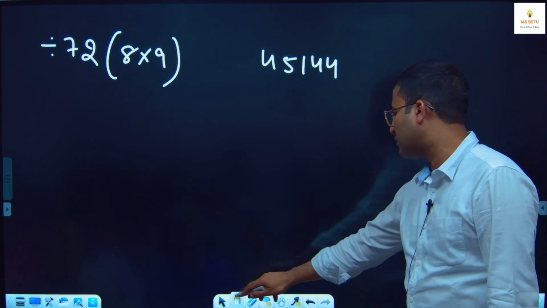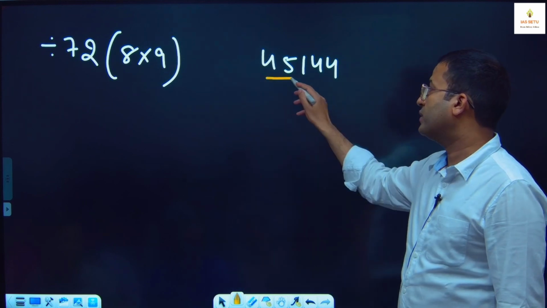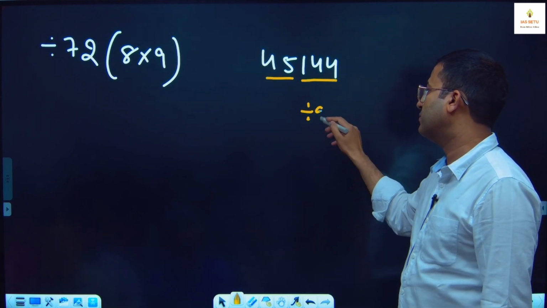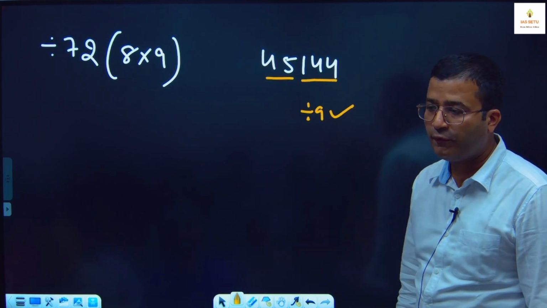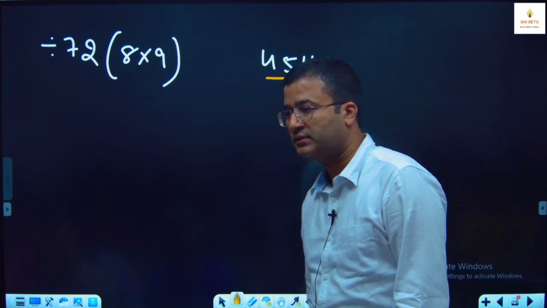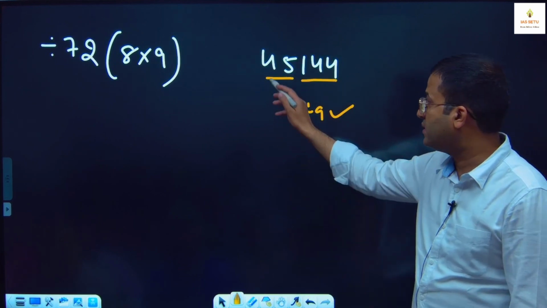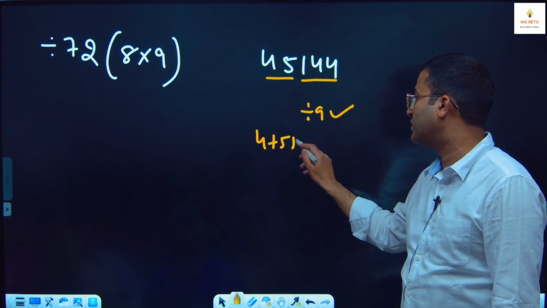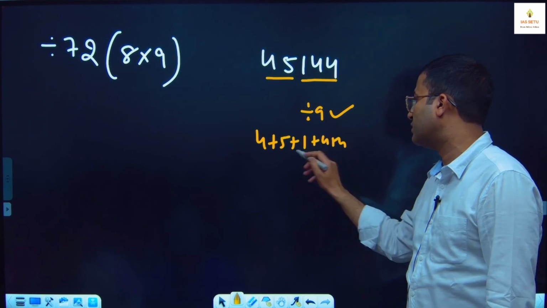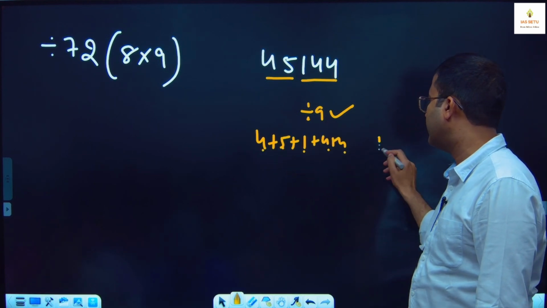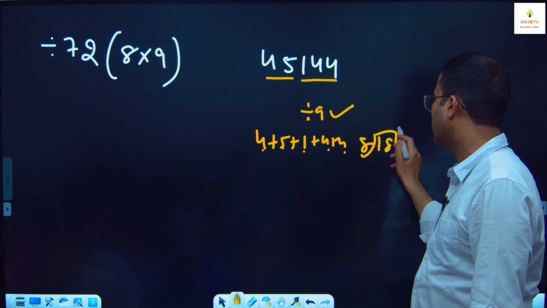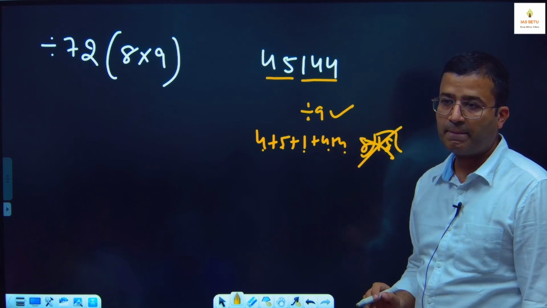It's your choice, do 8 first or 9 first. That is 4 plus 5, 9, 9. It is divisible by 9. Yes. What is the rule for divisibility of 8? In divisibility of 8 we will not do the sum of digits. 4 plus 5 plus 1 plus 4 plus 4, 9, 10, 18. 18 is not divisible by 8, so that would say it is not divisible by 8.